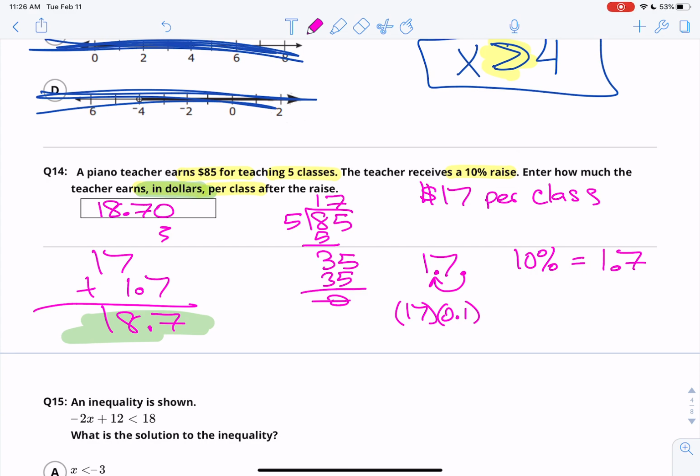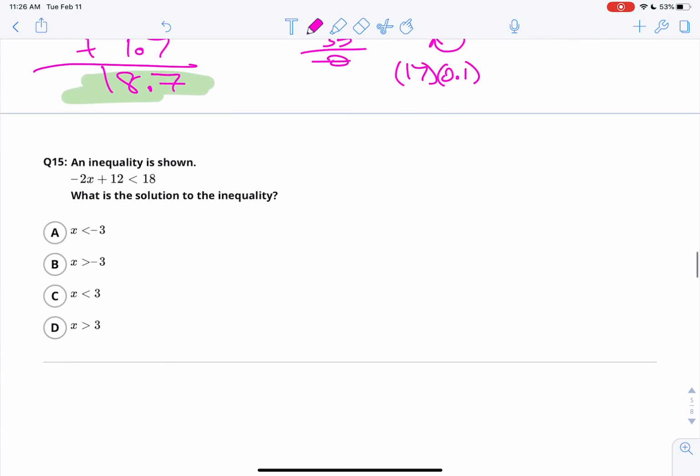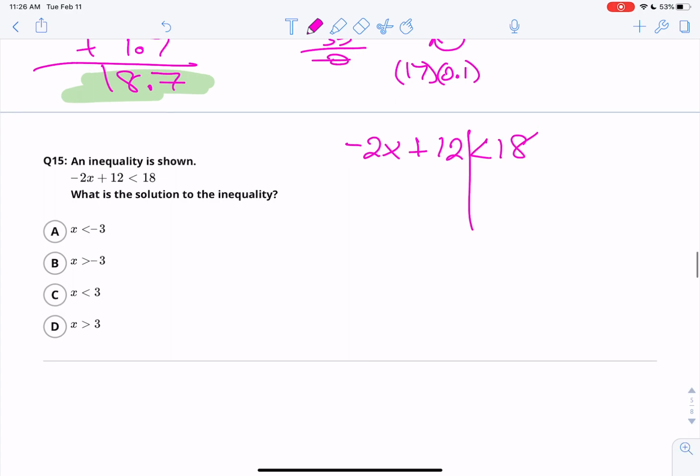Okay? And then last but not least, 15. The inequality is shown. What is the solution? So once again, we're going to have to solve. We draw the river. The opposite of addition is subtraction. They cancel out. We get -2x is less than +6.